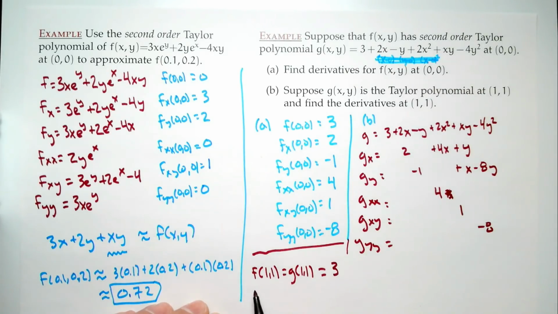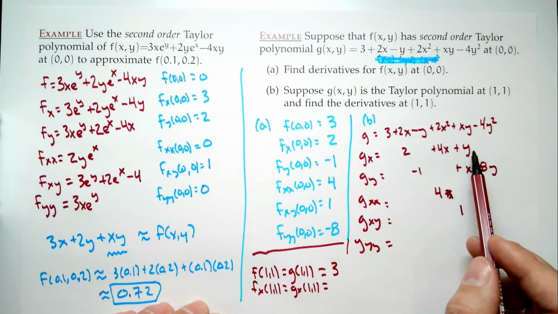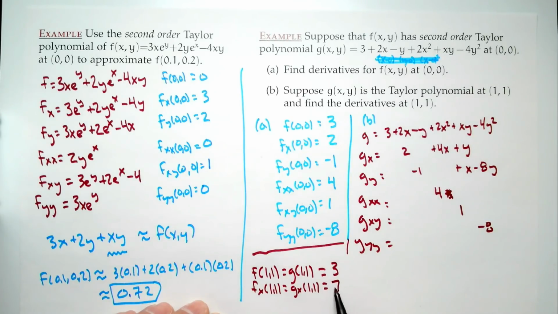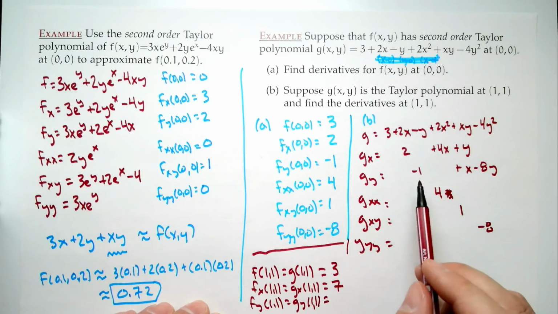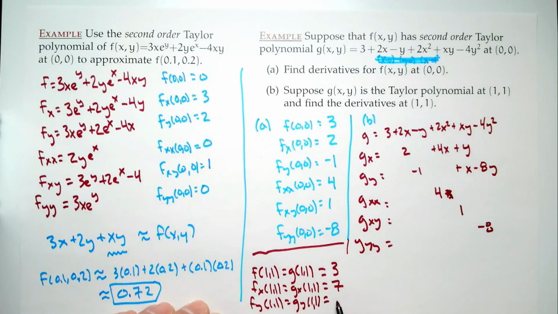F sub x at 1, 1 will match g sub x at 1, 1. And g sub x at 1, 1 is 2 plus 4 plus 1, 7. F sub y at 1, 1 will match g sub y at 1, 1. And g sub y at 1, 1 will be minus 1 plus 1 minus 8. So minus 8.